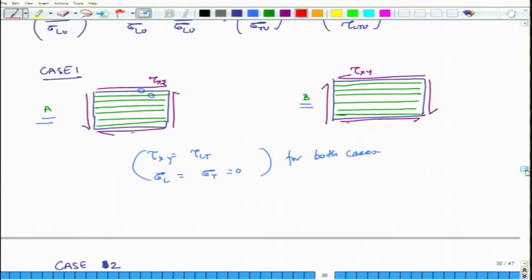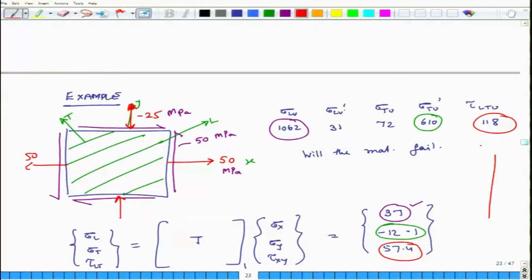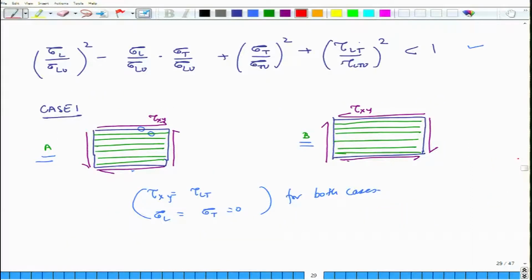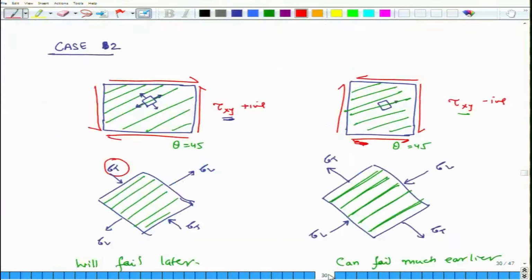Let us look at some of the numbers which we had cited earlier. For instance, in one example, in this composite, sigma t u prime is 610 MPa, but sigma t u is extremely small, 72. So, the point I am trying to make is that in the transverse direction, the tensile strength is extremely small. So, if the direction of shear changes from positive to negative, it can have a very significant impact on the strength of the material.